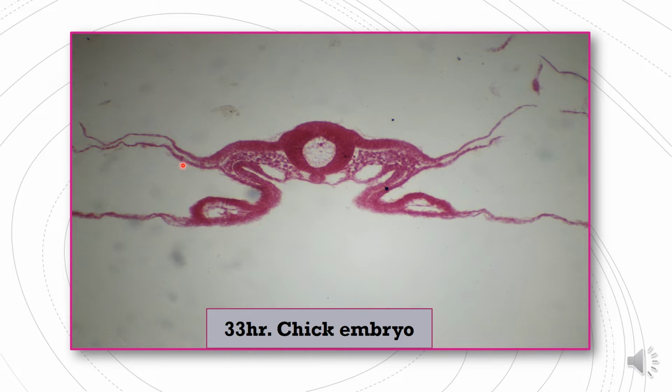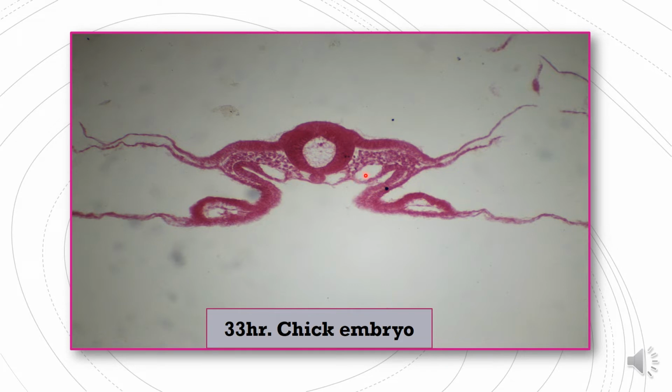The layer adjacent to the ectoderm is called the parietal or somatic lateral plate of the mesoderm, while the layer adjacent to the endoderm is called the splanchnic or visceral lateral plate of the mesoderm.